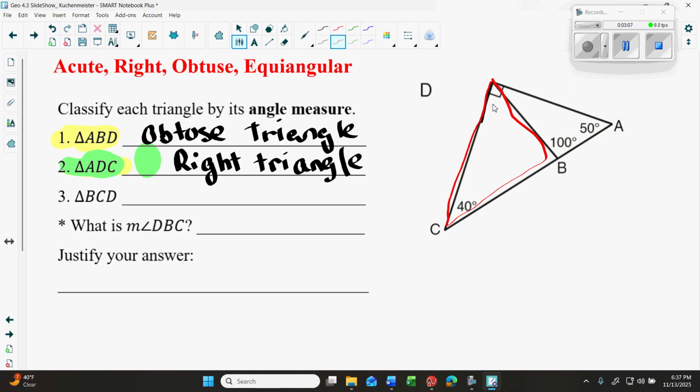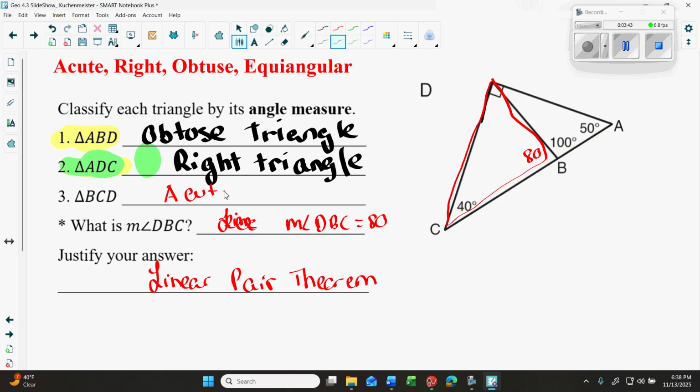We're going to have an angle that's less than 90, because I know the whole angle is 90, as we just talked about. And this angle DBC I can find out is 80, because we have a linear pair here. This is the linear pair theorem, so the measure of angle DBC is 80. That makes it 40, 80, and an angle less than 90, so this last triangle BCD is an acute triangle.